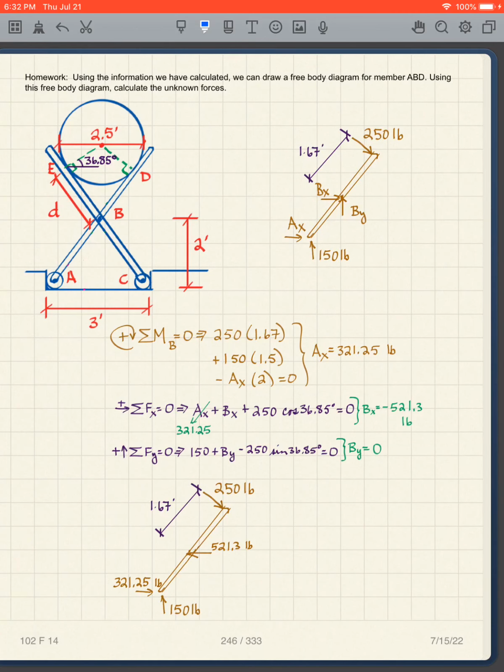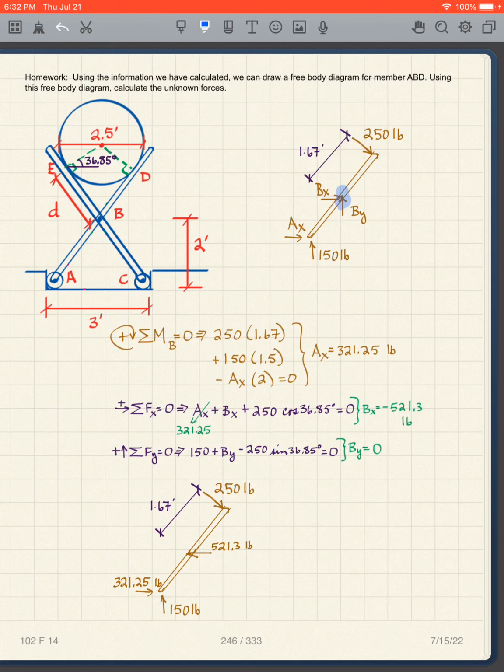Okay, pretty straightforward. Once we have this part of it, I can take moments about B and I now have all the dimensions that I need. So again, I now have the distance D. So that's this distance. There are other ways we could have done this, but I now know this distance is 1.67, so it's going to be 250 times 1.67 for when I take moments about that point for that 250-pound load.